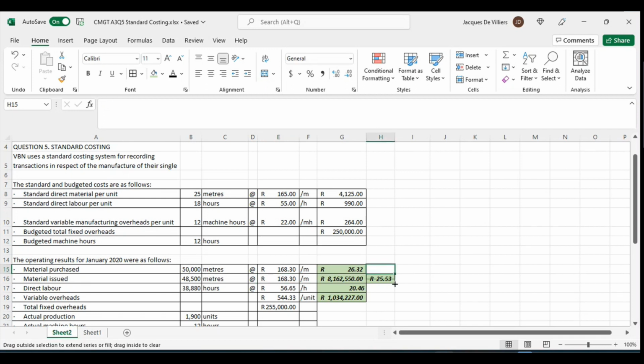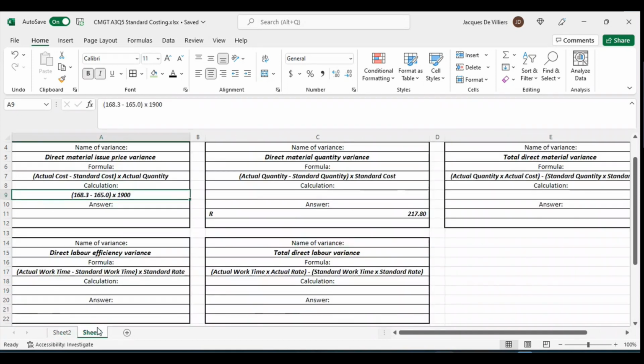So that's why I didn't do that calculation in the first place, because it wasn't necessary. Okay, so that is the variance. We can already see we are paying a little bit more per meter. But I must use the things that compare apples with apples. Multiplied by the actual quantity, that is 1,900.